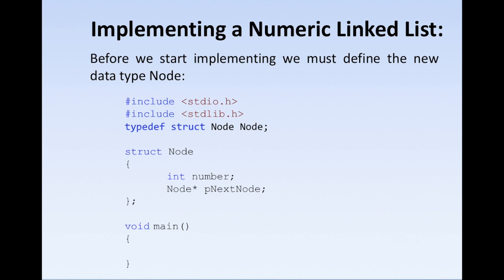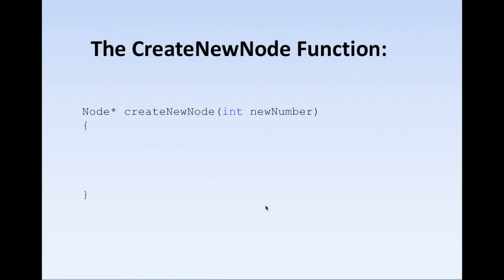So we defined a new structure called node, and this new structure, like the new item that we used before in queues and stacks, also has two elements. A number, which is an integer, because it's a numeric linked list, it could have been a different type, and a pointer to another node. So node star, which is a pointer to a node, and we're going to name it pNext.